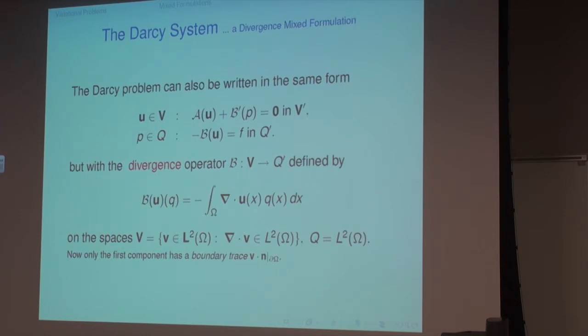I can get the same problem and write it on this. Looks the same, but it's really a different problem. The way they're different is the boundary conditions that come along with them. So I'm taking advantage of the spaces involved, the changing of spaces on which those operators act. I get a different family of operators.